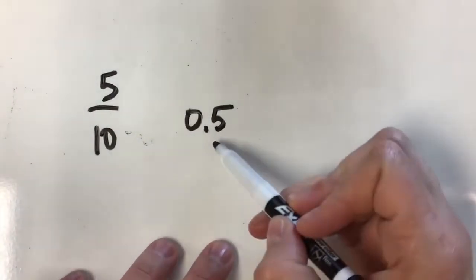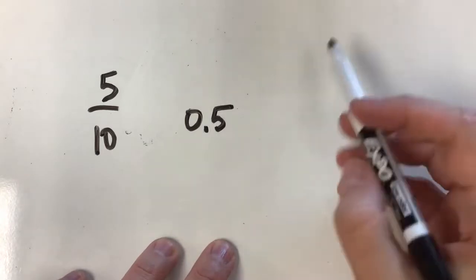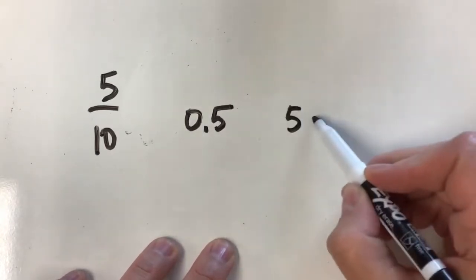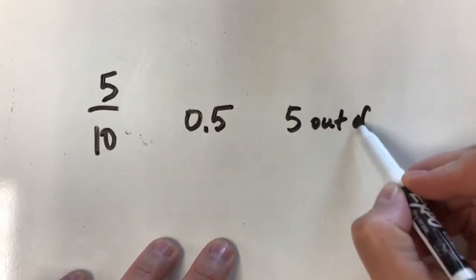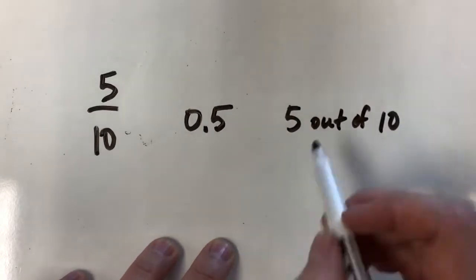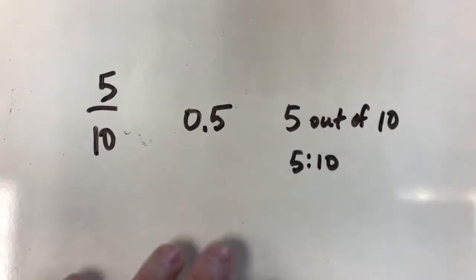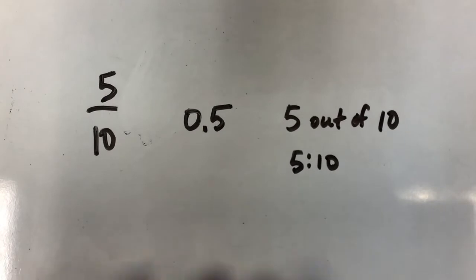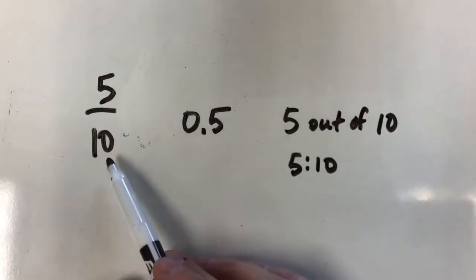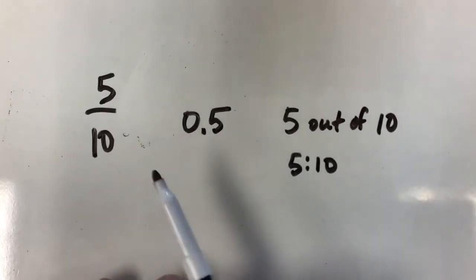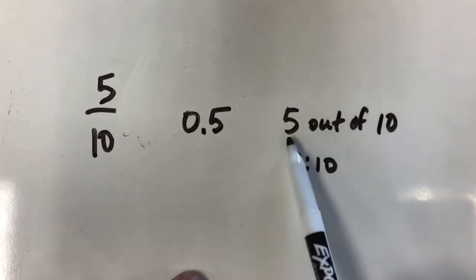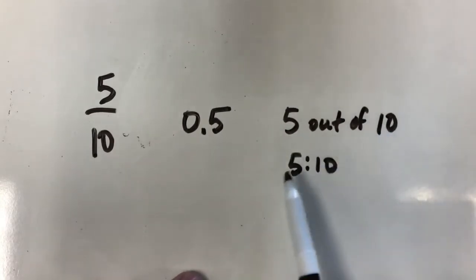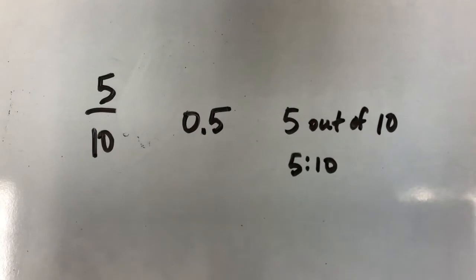We would write the decimal like this. And a ratio we would say 5 out of 10, or 5 to 10. But they all kind of mean the same thing. The fraction 5/10 means half, 0.5 is half of 1, and 5 out of 10, 5 would be half of the 10. So that ratio would be there.